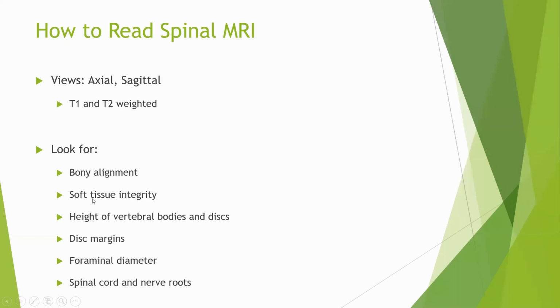I will check the disc health and its relation to the spinal cord and nerve roots, then the disc margins, height of vertebral bodies, bony alignment, foraminal diameter, and soft tissue integrity at the end. But if the individual had trauma, like a road traffic accident, a suicide attempt, or a fall, say an elderly individual who slipped in the bathroom, then I will check soft tissue integrity again.